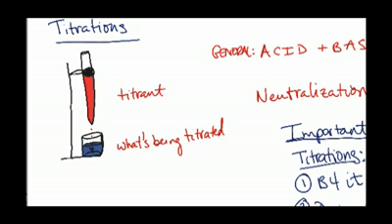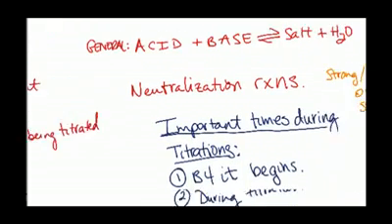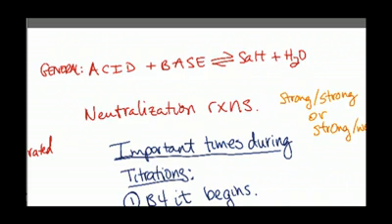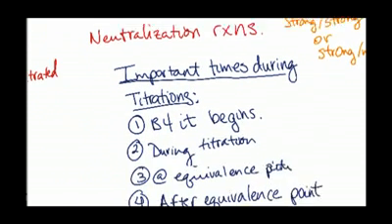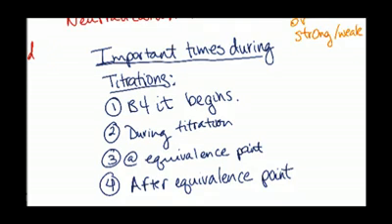So, to refresh your memory on a neutralization reaction, the general concept is acid plus base gives you salt plus water. And there are two types we're going to look at. The first type is going to be a strong-strong interaction, and the second type is going to be a strong-weak interaction. But in both of the types, there are important times during the titration we're going to look at.